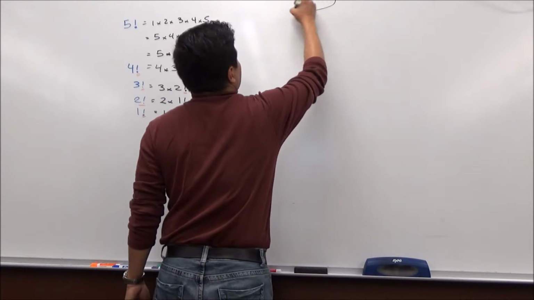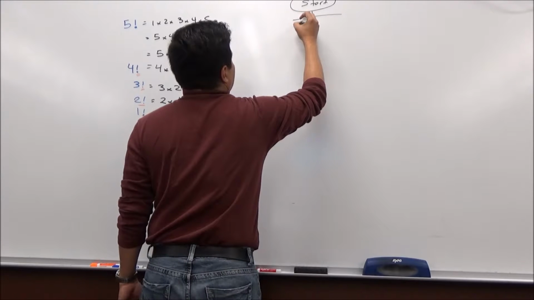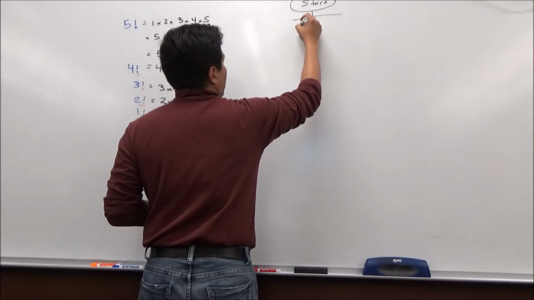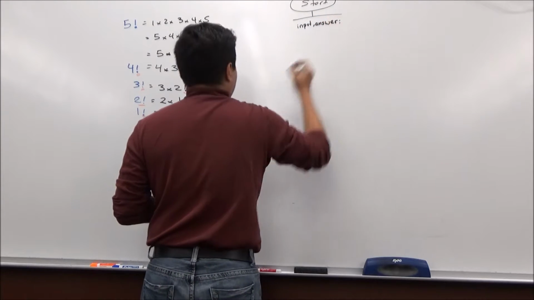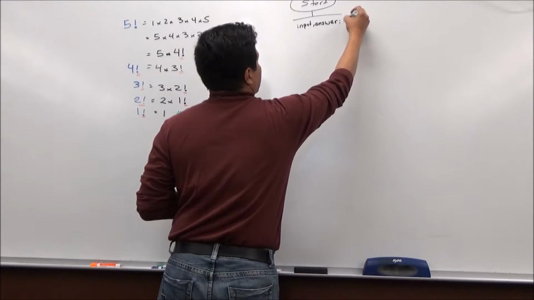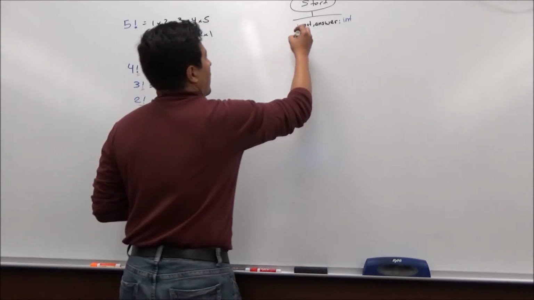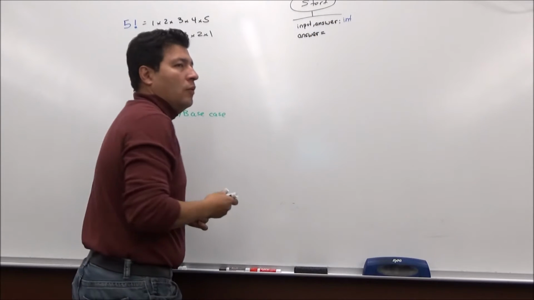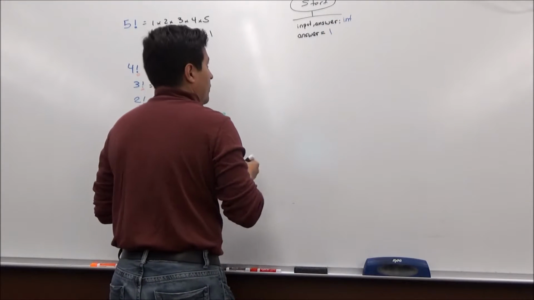So we start, right? We declare our variables. So I need the input and the answer, and they're both integers. And I need to initialize the answer to something, right? I'm going to initialize it to 1, because if I put 0, then every number multiplied by 0 is 0.